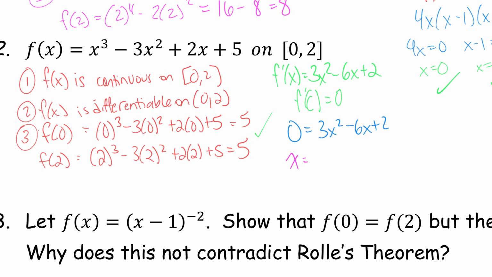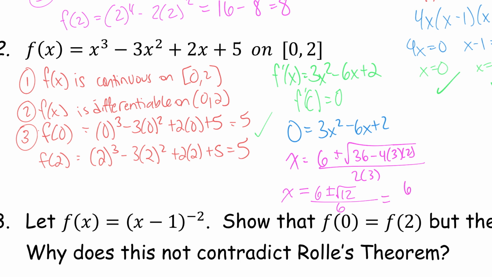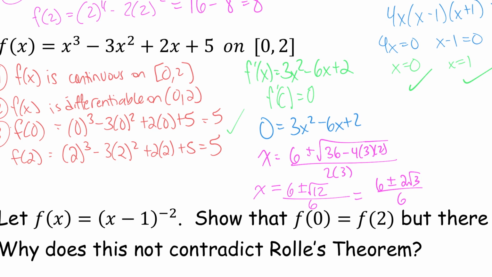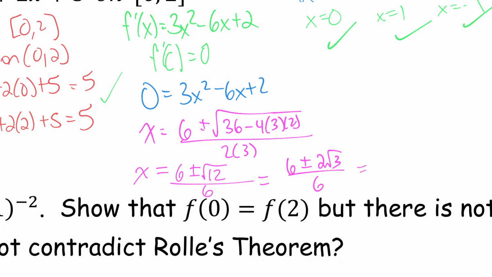So x equals negative b plus or minus the square root of b squared minus 4ac, all over 2a. And we're going to simplify this, and those should be our values. I'm getting 6 plus or minus 2 root 3 over 6, and then we can simplify everything by 2's, so 3 plus or minus root 3 over 3.